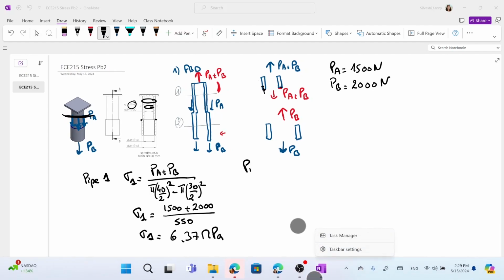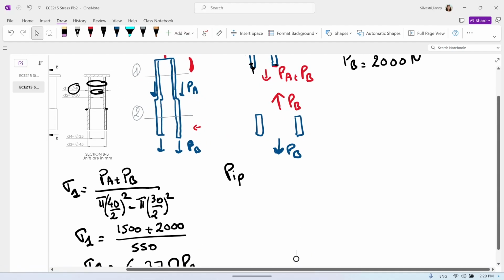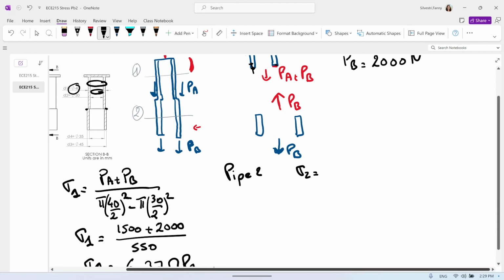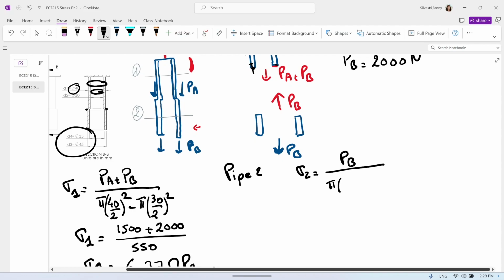Now we do the same for pipe number 2. Sigma 2 equals, and this time the force that is involved in this one is just PB. Be careful, the bottom one has just a load of PB. And we now need to look at the dimension of the bottom pipe. So pi times the diameter divided by 2 squared minus the inside, that is pi times 35 divided by 2 squared.